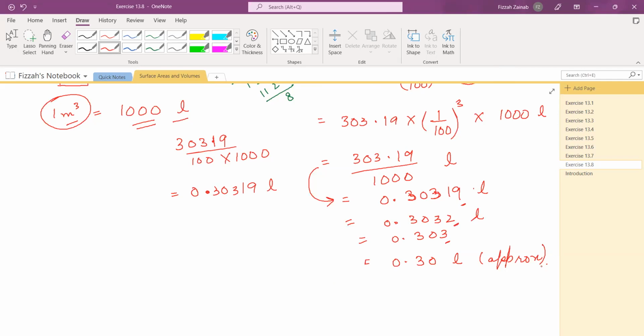Is this correct? Please check in your book. And when you do round off, then also follow all the steps. You can leave it here also, because we are writing approximately. So both are okay. Any problem?